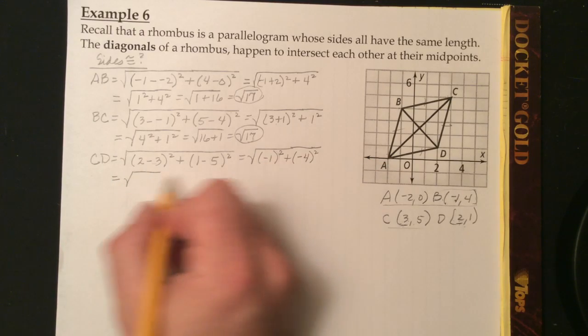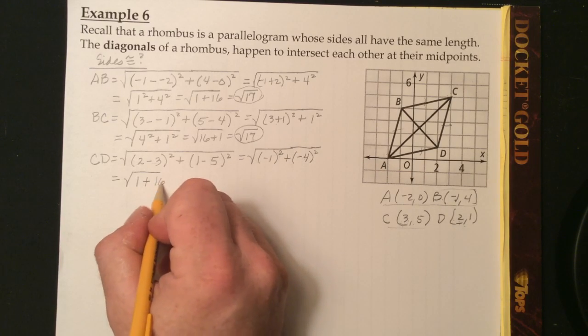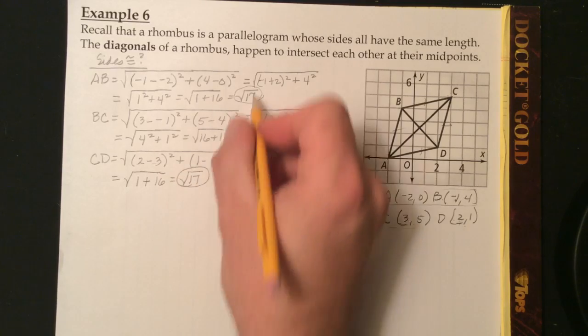Then when we square negative 1 we get positive 1, when we square negative 4 we get positive 16. And 1 plus 16 is 17, so the square root of 17. Looks like we're going to get a rhombus.